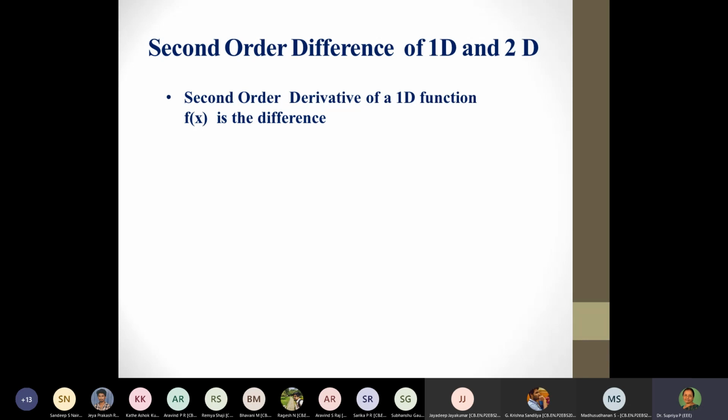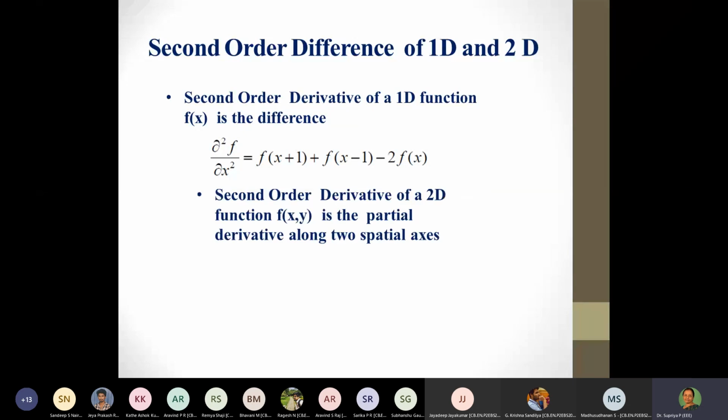For that we will discuss the basic second order derivative of a 1D function f of x, which is given by dou squared f by dou x squared, which is f(x+1) + f(x-1) - 2f(x). You would recall that this is the second order derivative. We had already discussed this in yesterday's class.